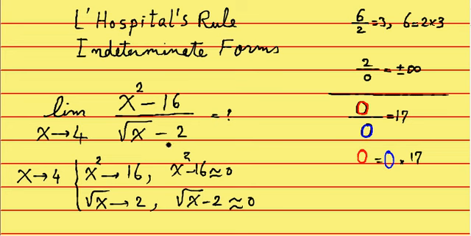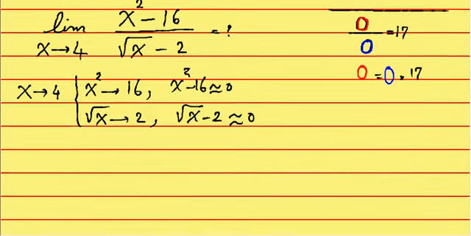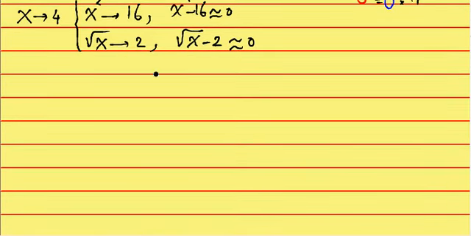At the beginning of the calculus class, you would do this by factorization or rationalizing and such steps. Now we have a more refined way of approaching these. L'Hospital's rule itself is based on the mean value theorem.